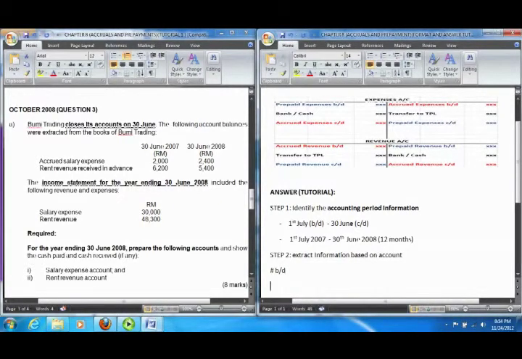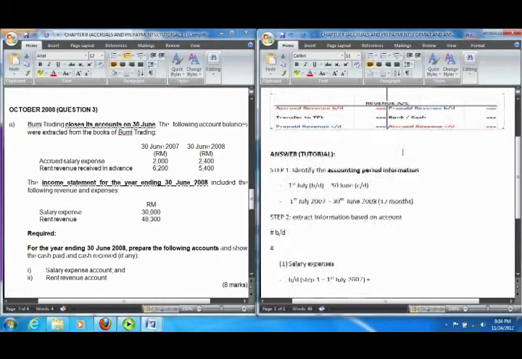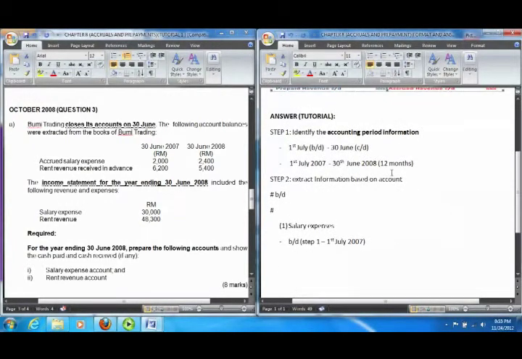Next, class, you need to know your bank or cash. Next, you need to know your transfer to TPL, also known as the income statement.